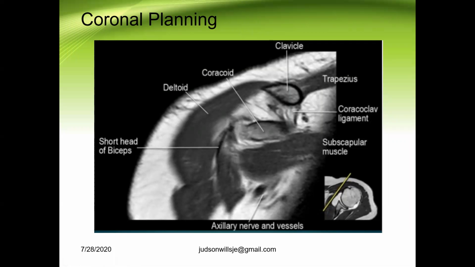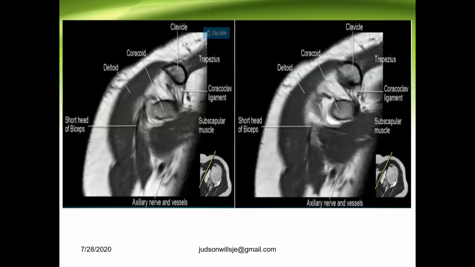And when we plan the coronal, as I told you already, it should be perpendicular to the glenohumeral joint. And here you can see a few muscles and a few bones: short head of biceps, deltoid, coracoid process, clavicle, subscapular muscle, axillary vein and vessels, coracoclavicular ligament, all those things we can see.